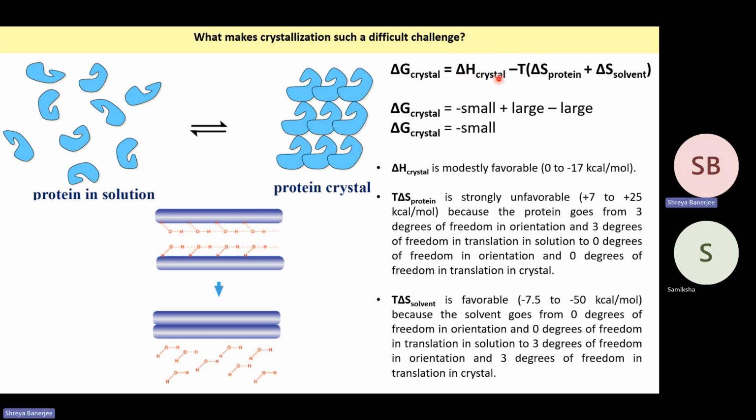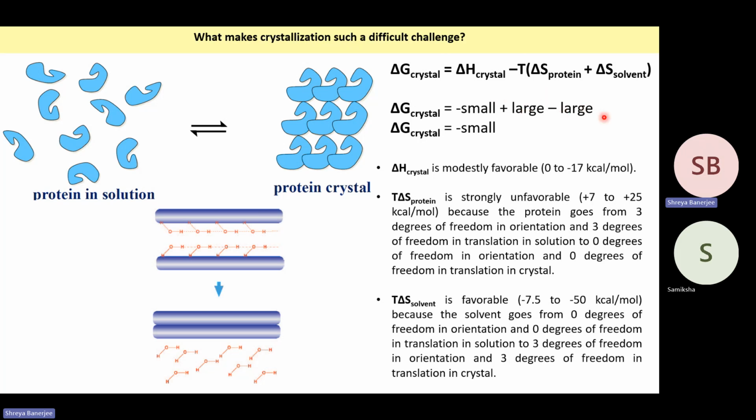So the delta H crystal term is negative because it is slightly favorable enthalpically and it is a small term. Delta S protein is decreasing, so minus T delta S is positive, and delta S solvent is increasing, so minus T delta S is negative.